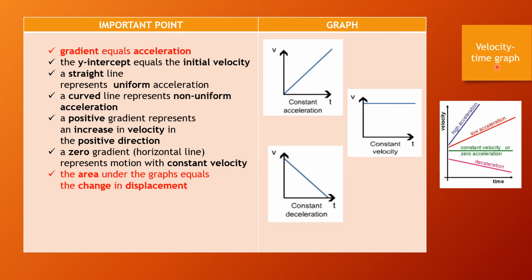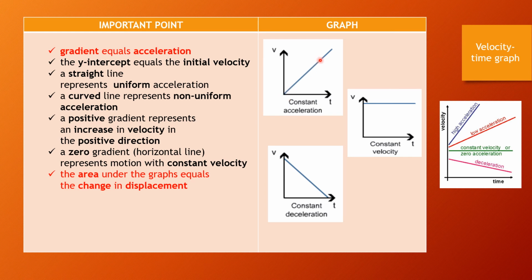Velocity time graphs are also called speed time graphs. The vertical axis of a velocity time graph is the velocity of the object. The horizontal axis is the time from the start. This line is the gradient, which equals acceleration. The y-intercept equals the initial velocity, which in this example is 0.